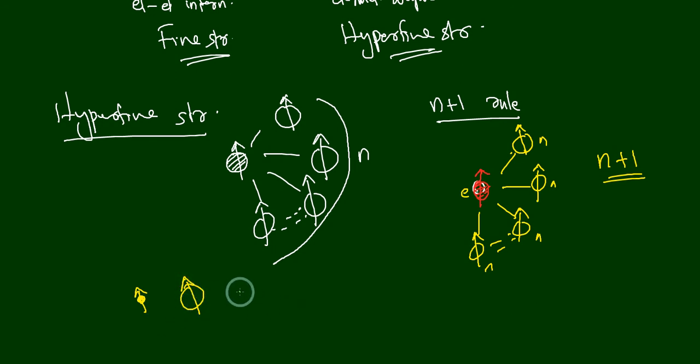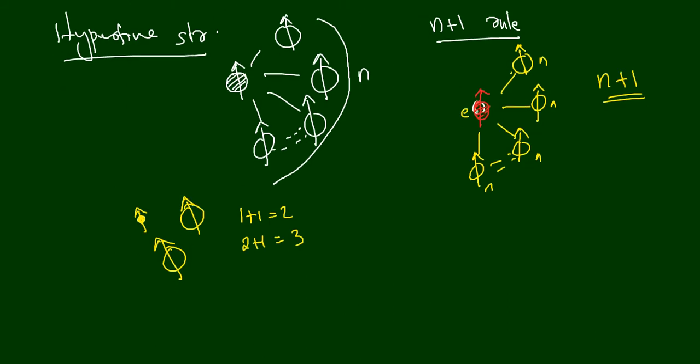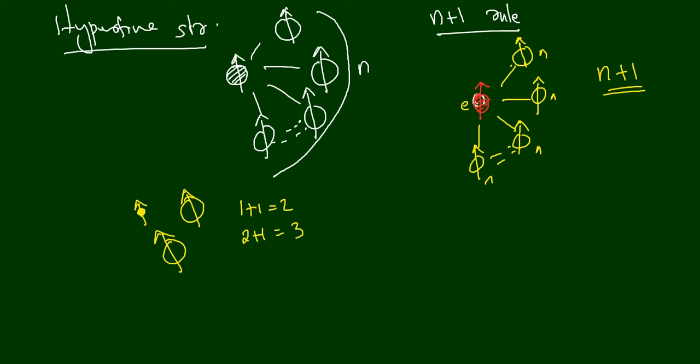Since there is only one nucleus, it will be n plus 1, that is 1 plus 1, which is 2. This means the ESR spectrum generated due to this electron will be split into 2, so you will see a doublet. If there are two nuclei, then it is 2 plus 1, that is a triplet. This means the peak generated by this electron will be split into 3, so this is a triplet. This is how the splitting occurs in the hyperfine structure of the ESR spectrum.